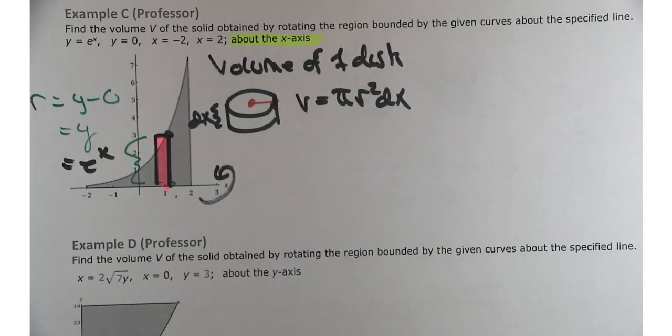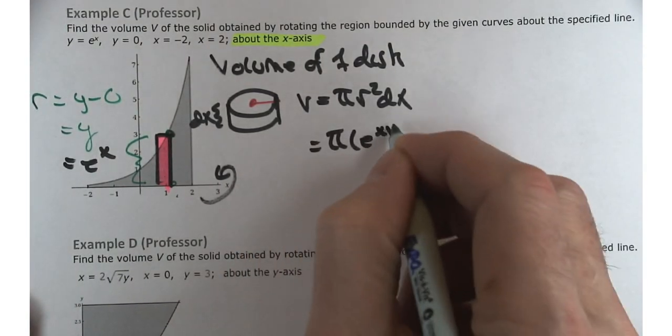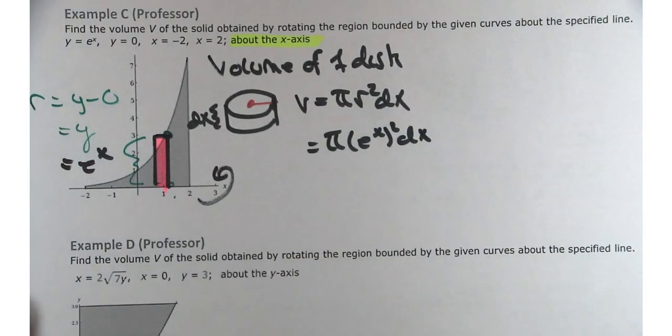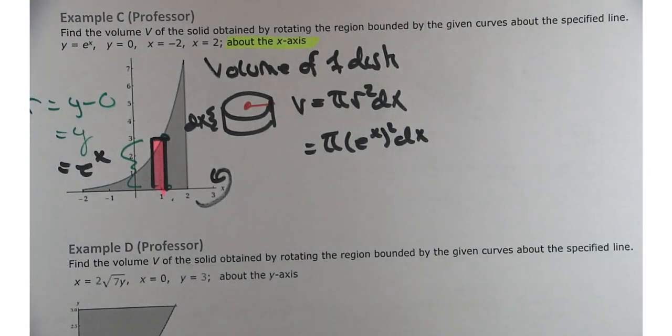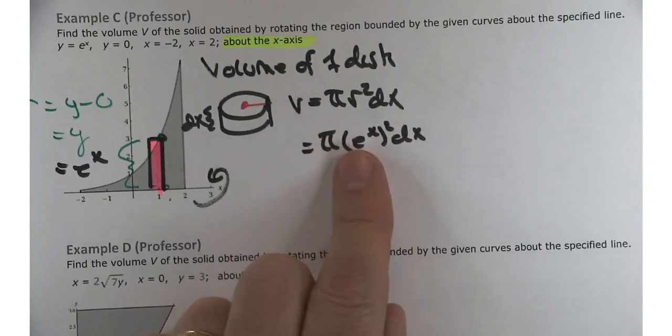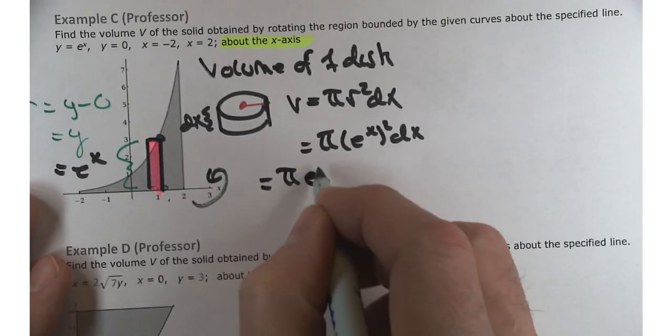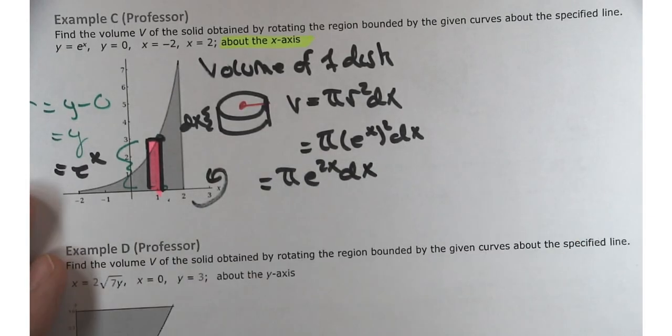That's going to be pi times e to the x squared dx. What happens when I square e to the x? Do I get e to the x squared, or something else? E to the 2x. Good, because these exponents multiply each other. So that's going to be pi e to the 2x dx.